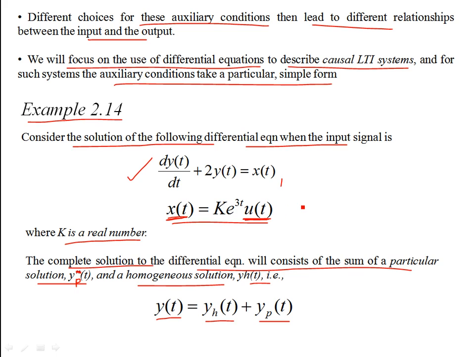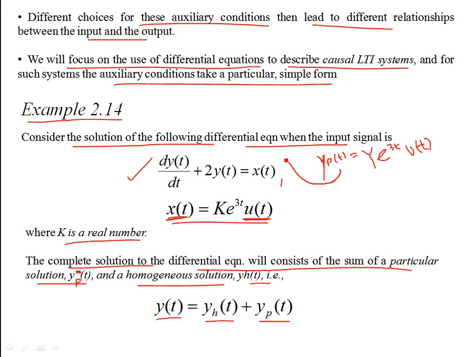Since my y_p(t) is of the same form as my input signal, what we assumed is some real number Y times e^{3t} u(t). Either you can write u(t), or if you're not writing u(t), then it explicitly defines that the function is defined for t greater than 0.